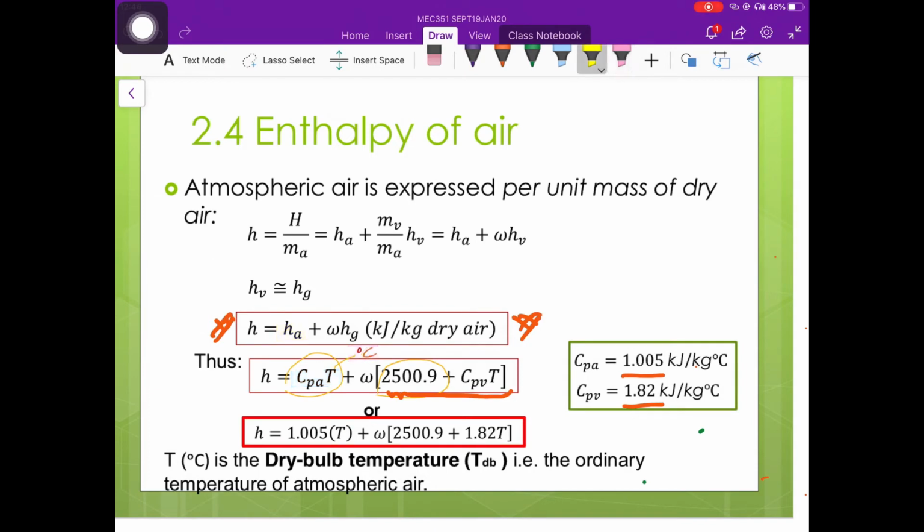For most cases, the temperature for the atmospheric air can be in the range of minus 10 degrees Celsius up until 50 degrees Celsius. Therefore, we can find the value for hg by using this equation.